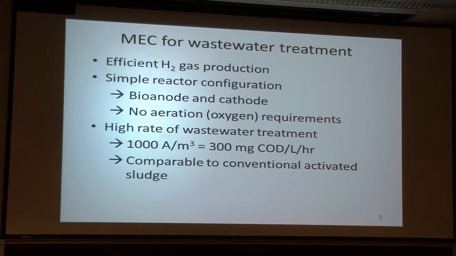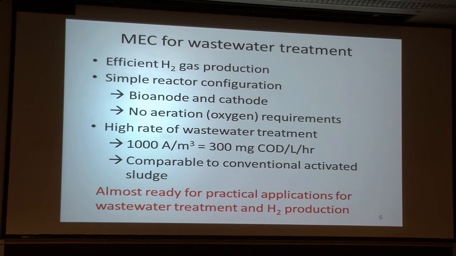And also, if you look at the rate of reactions in MECs, we can reasonably achieve 1,000 amperes per cubic meter, which is equivalent to 300 milligrams of COD per liter per hour, which is quite comparable to conventional activated sludge systems. So I think MEC is almost ready for practical applications for wastewater treatment and simultaneous hydrogen gas production.